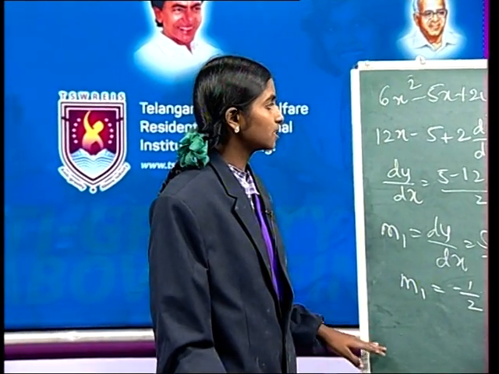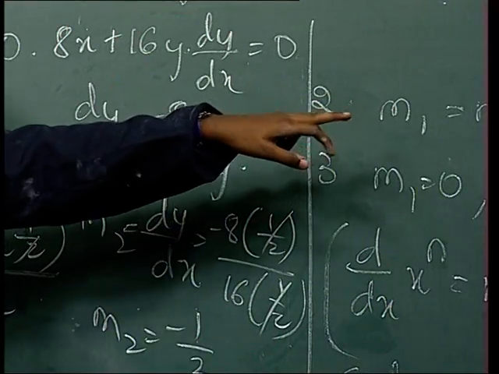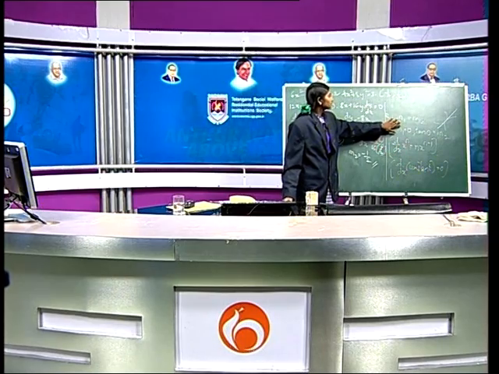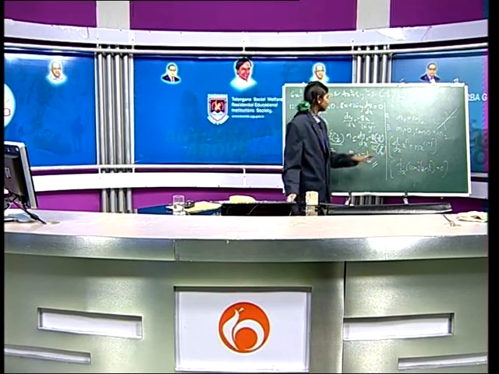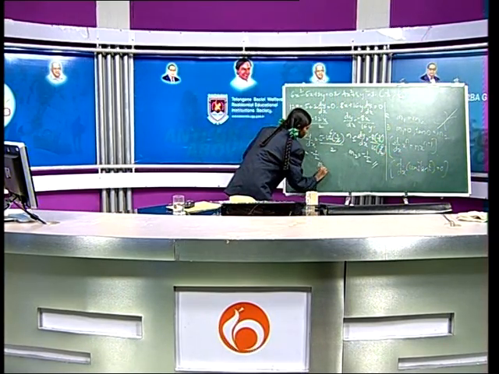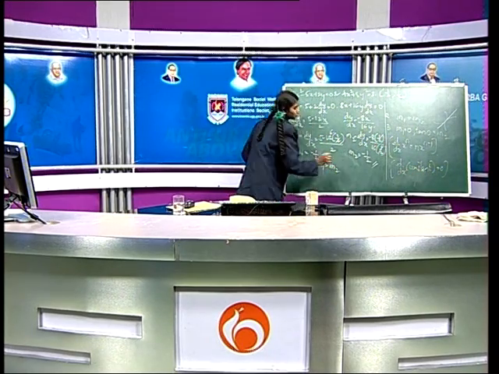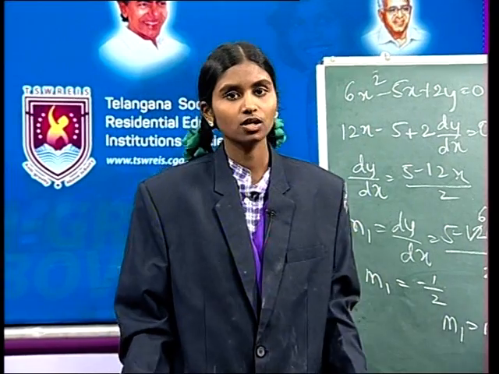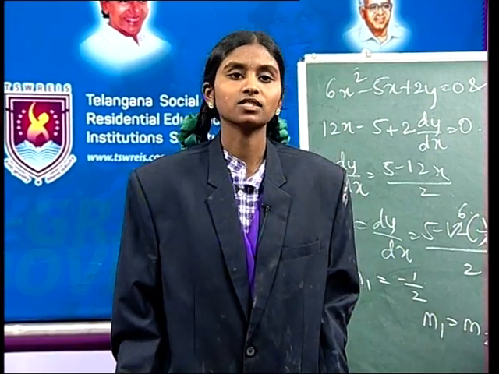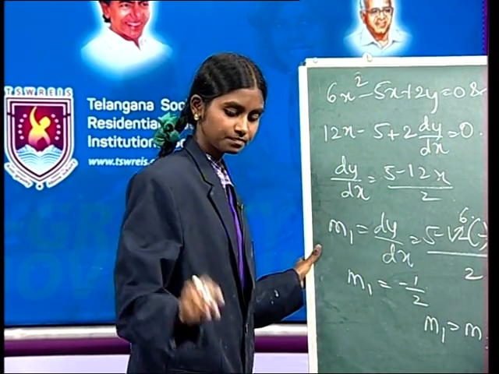So, the second condition is that when the curves touch each other, the slopes are equal, m1 is equal to m2. So, now we have proved the second condition also, that these curves touch each other at the point.